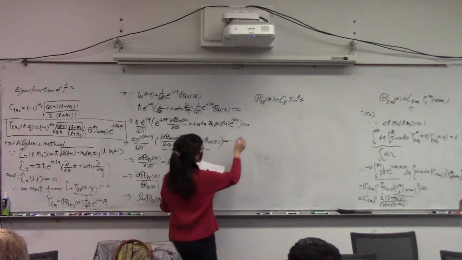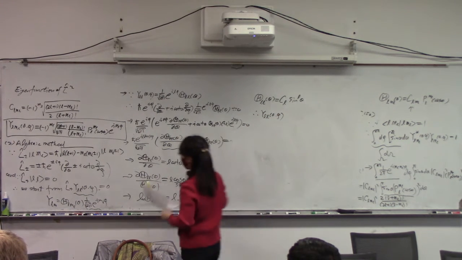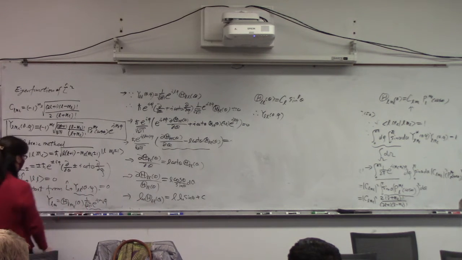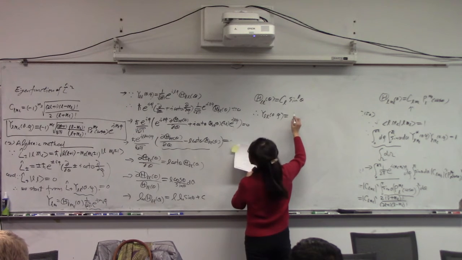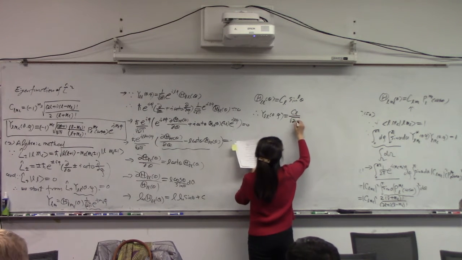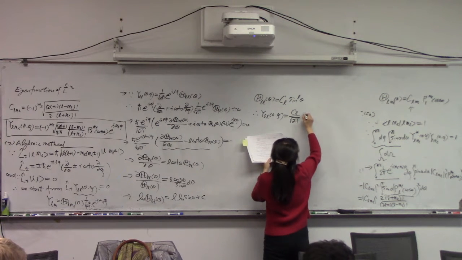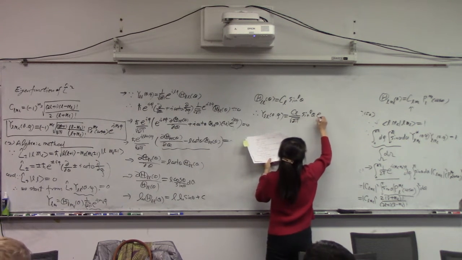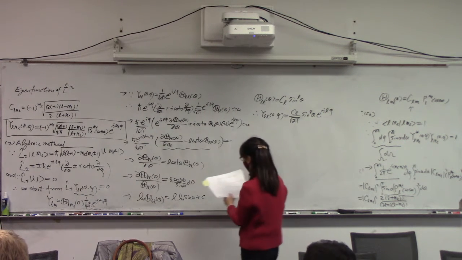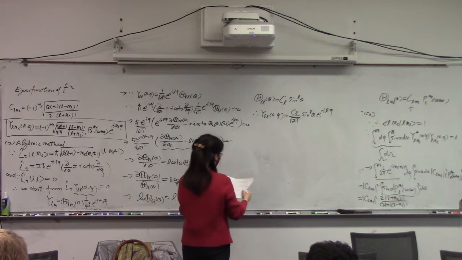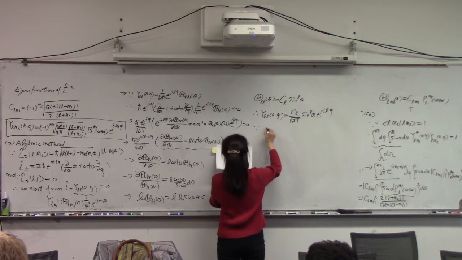So Y L is equal to C L over square root 2 pi, sine to the L theta, e to the i L phi. Now we can obtain this coefficient since this is the integral, right?